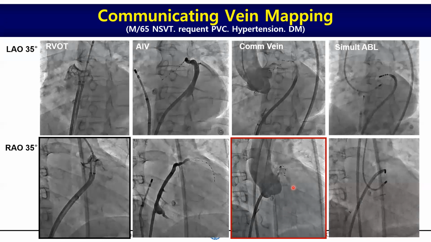On the aortogram, the microcatheter position appears to be a communicating vein, as it is located just anterior and superior to the aortic root and posterior to the pulmonary artery. So in this patient, simultaneous unipolar ablation was performed inside the great cardiac vein and the ostium of the communicating vein, and on the endocardial side by a transaortic approach.